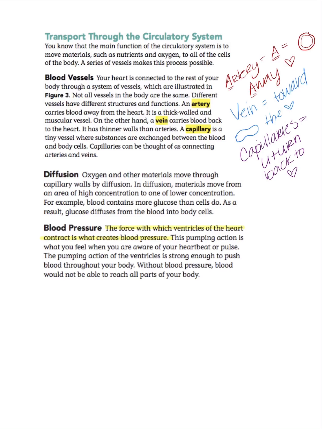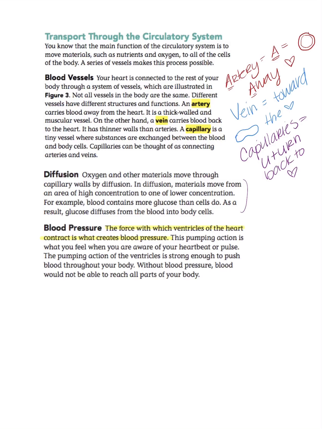That's why I draw it in purple, because it has a mix of both of that blood. Capillaries are used in diffusion. This is how I exchange my carbon dioxide and oxygen gas in my lungs. It's also how I get nutrients through the intestinal wall into the body where the cells need it.